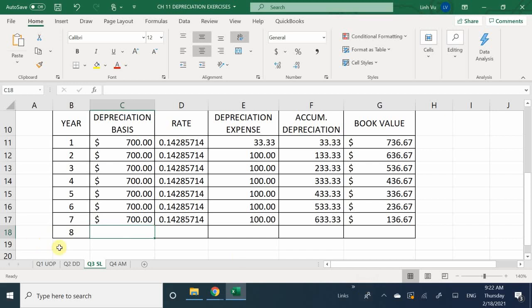Same thing here, except this time we can't calculate it for a whole year. We have to divide it by 8 months.